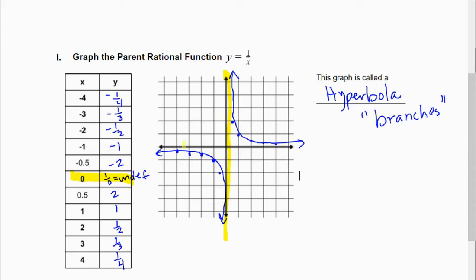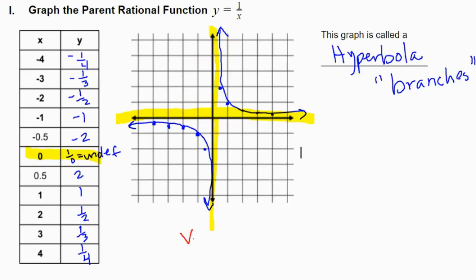So that creates for us a vertical asymptote. But we also have a horizontal asymptote here at the x-axis as well. So we have 2 asymptotes created with our rational function graph. So again, this is the vertical asymptote. And a vertical line, if you remember, has an equation of x equals something.